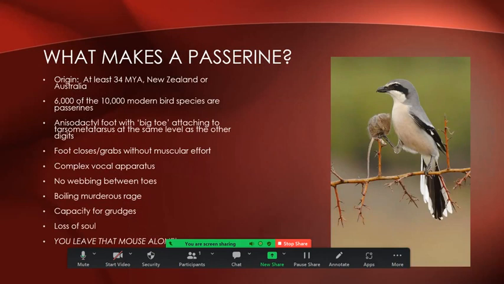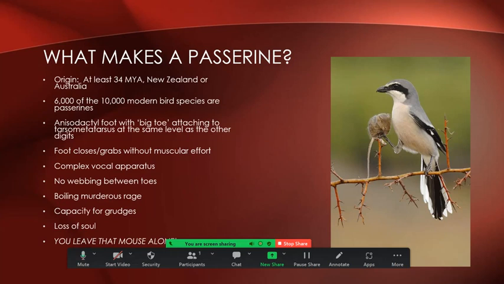What makes a passerine bird? Well, they originate relatively recently, about 34 million years ago in New Zealand or Australia. They spread relatively rapidly from there. There are, at a minimum, about 10,000 modern bird species. Around 6,000 of them are passerine birds. Most birds are passerine birds.